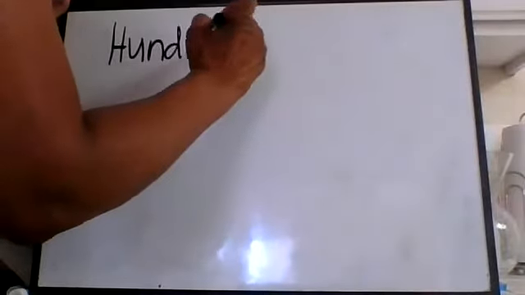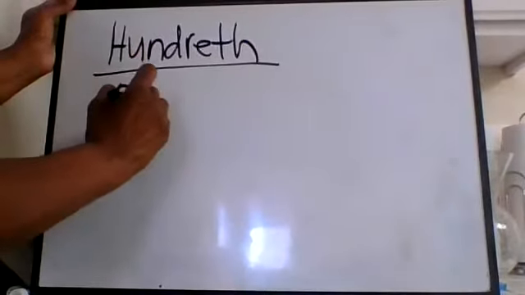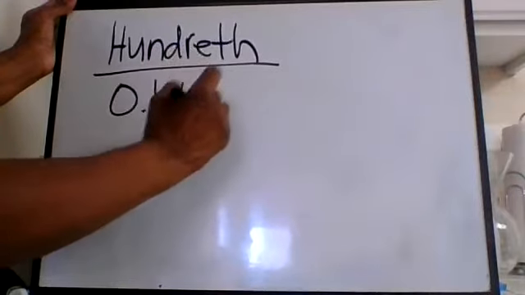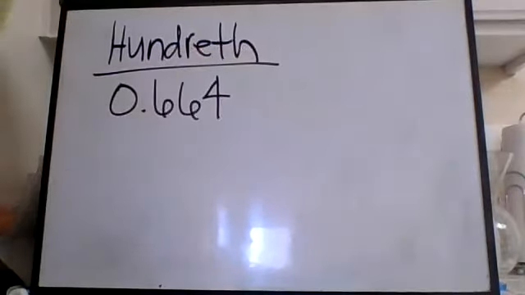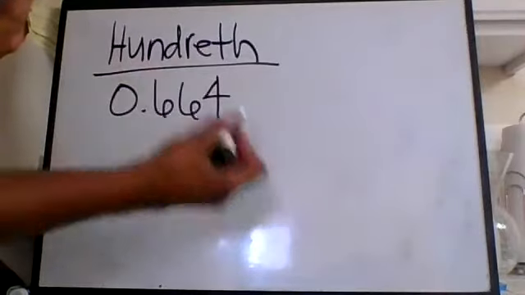All right, so let's round now to the nearest hundredth. Let's try this one, 0.664. When you're rounding to the nearest hundredth, you start at the place to the right of the hundredths.